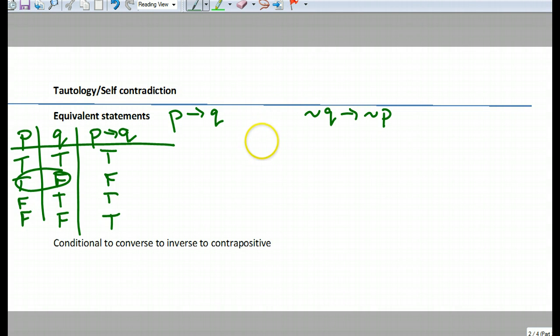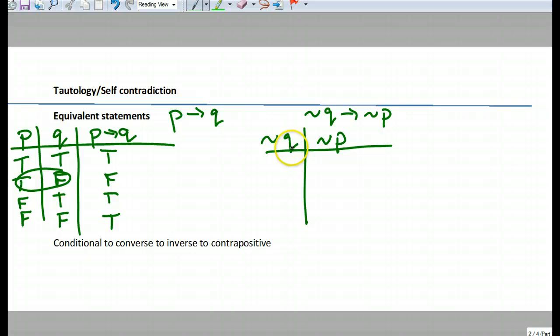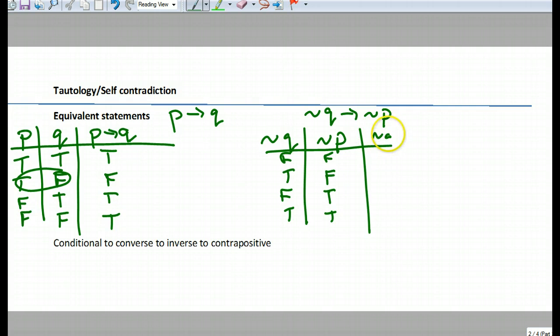Then I'm going to look at not Q, not P. So not Q would be false, true, false, true. Then we have false, false, true, true. Once again, we're looking for first a true and then a false.